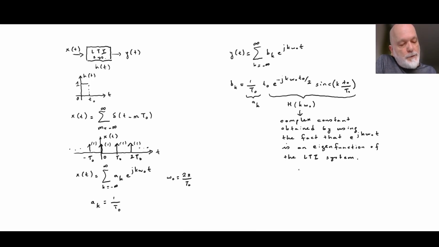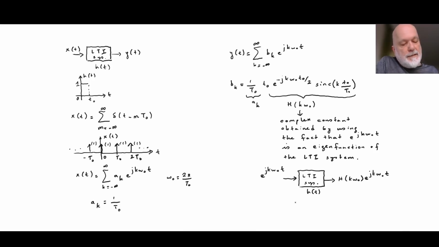Maybe we can show it in the following form. This is our LTI system with impulse response h of t. When the input is e to j k omega 0 t, the output is H of k omega 0 times e to j k omega 0 t.